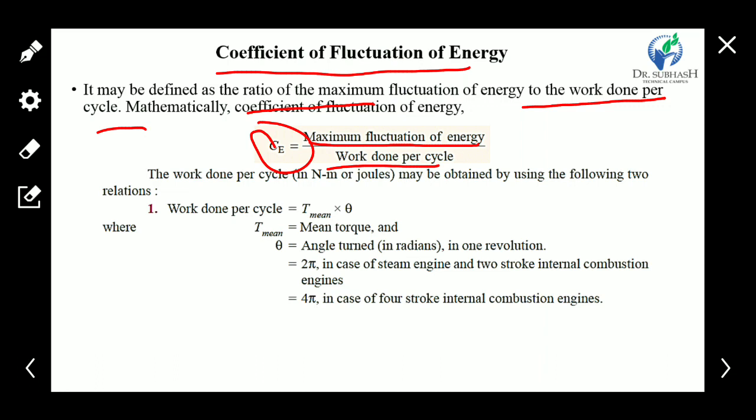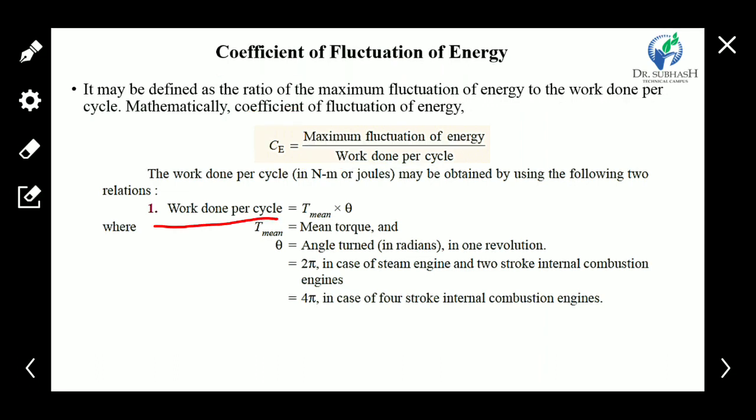Okay, now another term, the work done per cycle. We know that it is found with the help of T mean into theta. Theta is the angle turned in one revolution, so 2 pi in case of a steam engine or a 2-stroke internal combustion engine, and 4 pi in case of a 4-stroke internal combustion engine.